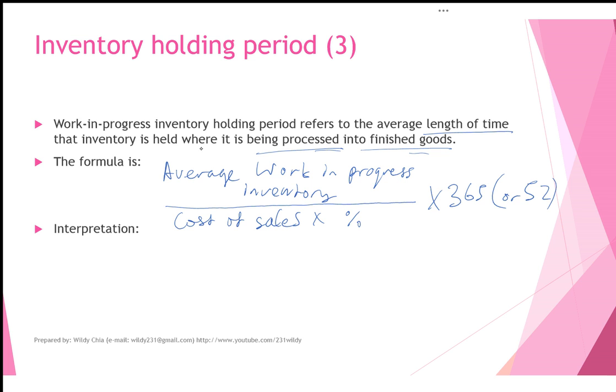Right. Now, there are quite a few ways to interpret this cost of sales. Like those students taking this in the FIA program, one way to define this is that it should equal material plus direct labor plus production overheads.